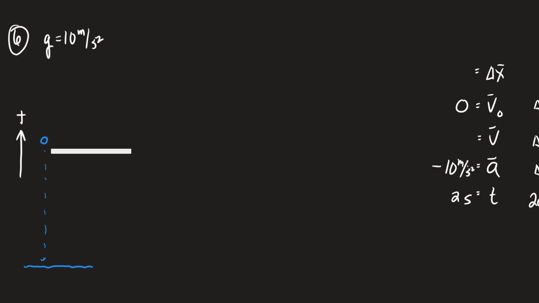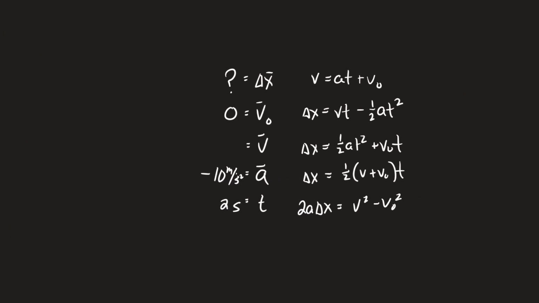We'd like to know how tall the bridge is. I think what we really want is the displacement of the rock. That would tell us how tall the bridge is, because the rock had to go from the top of the bridge to the bottom. Now, if you've organized yourself the way I've organized myself, when you look at your equations, you'll notice that you were given 3 pieces. You're looking for a 4th, but one of them wasn't mentioned.